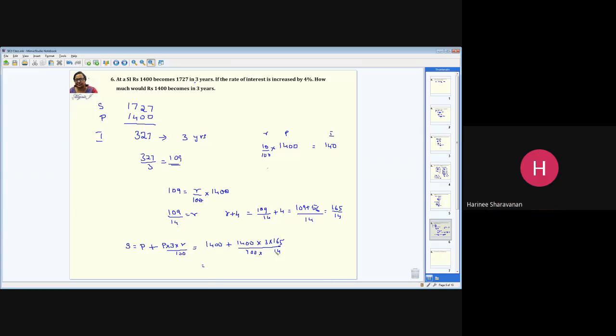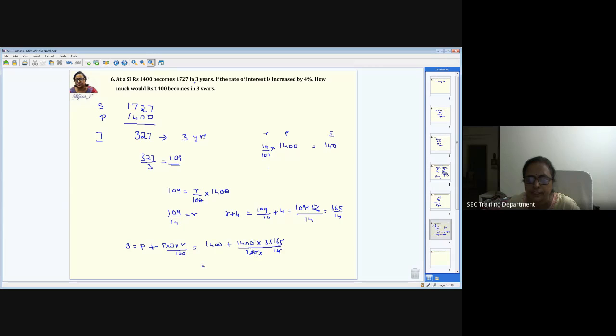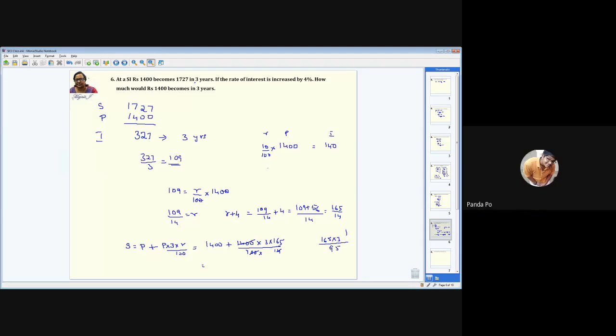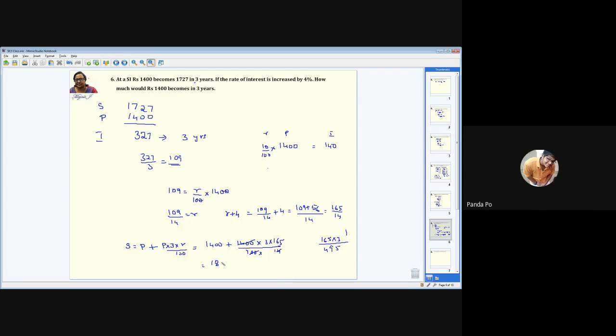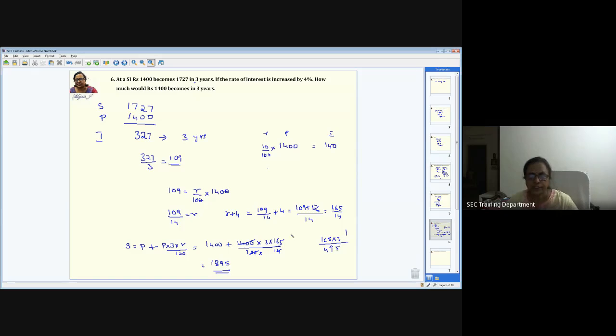The 14 will get cancelled and this 100 will get cancelled with this. It is 3 into 165 plus 14. So what is 3 into 165? 165 into 3 is 495. 1890. So when you add that along with the 1400, it's going to be 1895. So that is your answer, right? Did you try this?